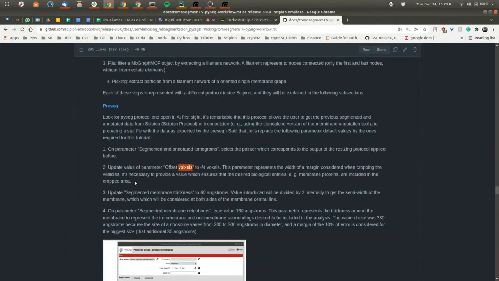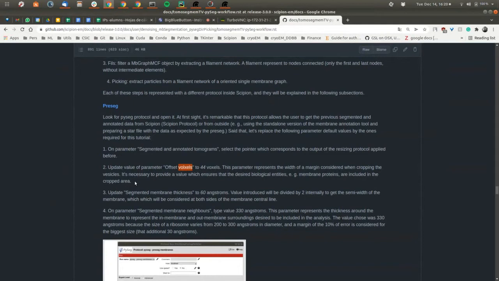So you can use this parameter to tell the algorithm, hey, leave a thicker margin when you are cropping to ensure that everything is contained in the cropped area.